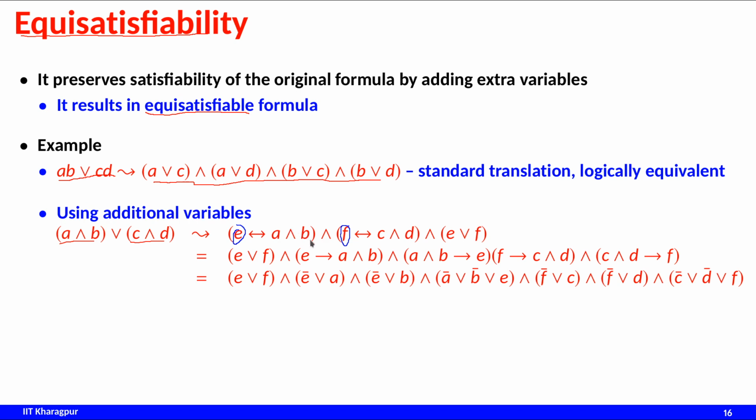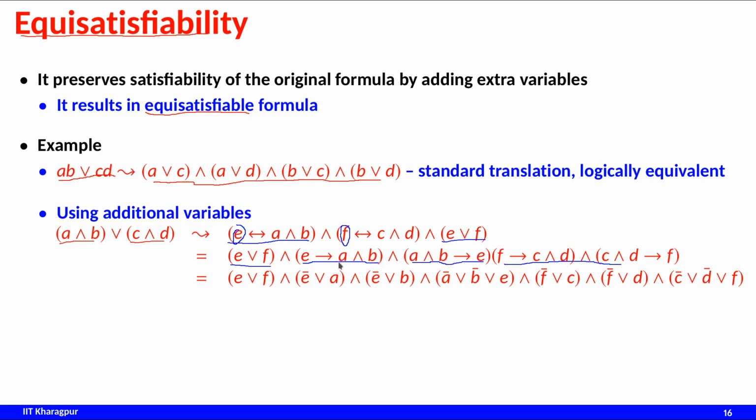Now I'm just rewriting this. So E or F I just moved to the beginning, and this bi-implication can be written in this manner. So E implies A and B, and A and B implies E. Similarly for the second part.